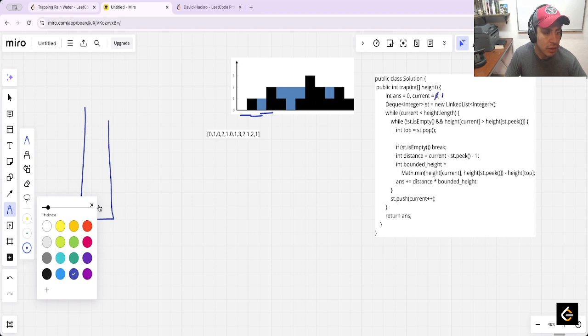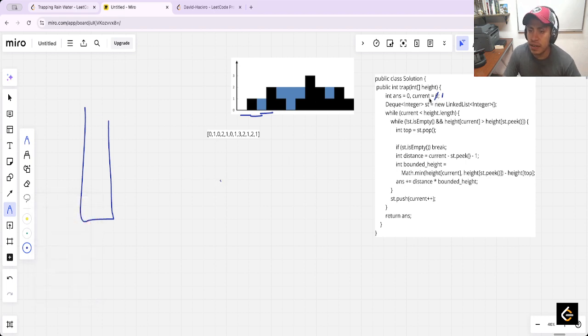Okay, now the first time is 0. Current is less than the height. Current is basically the index. While the stack is empty, in this case, it ignores this and only pushes 0. Yeah. Okay, now move to the next. Now we are here. The stack is not empty.